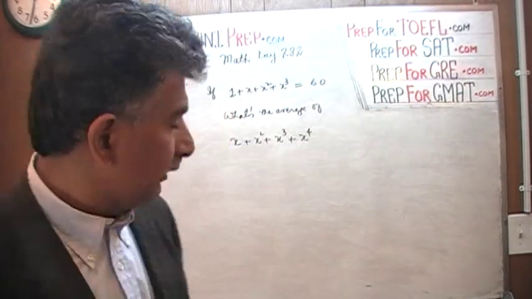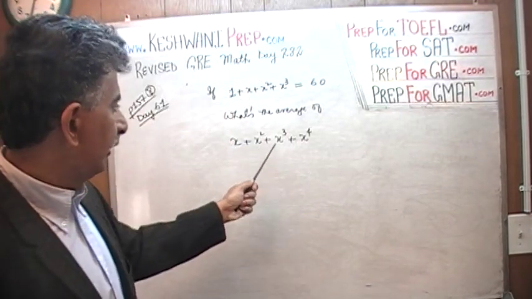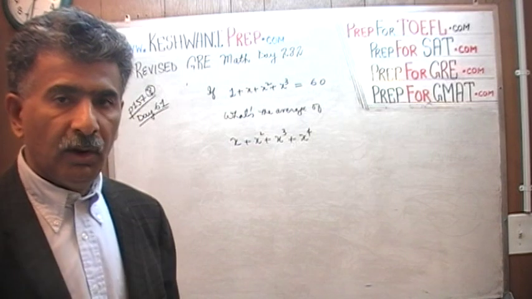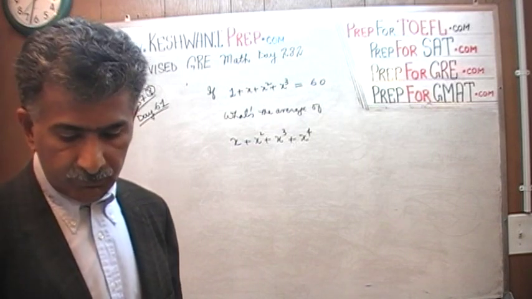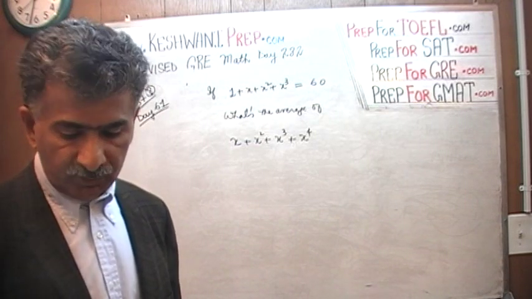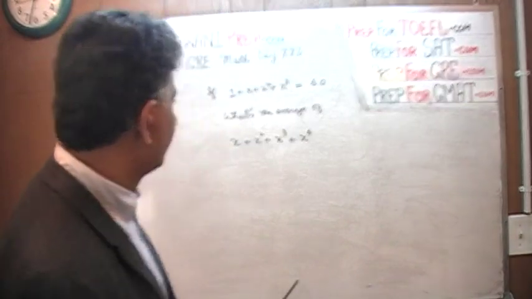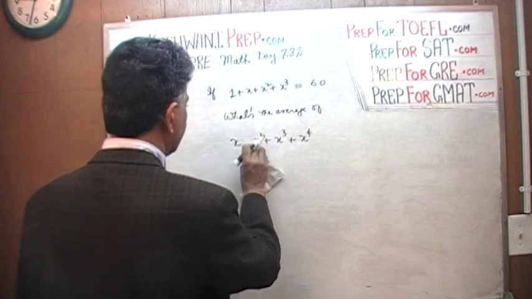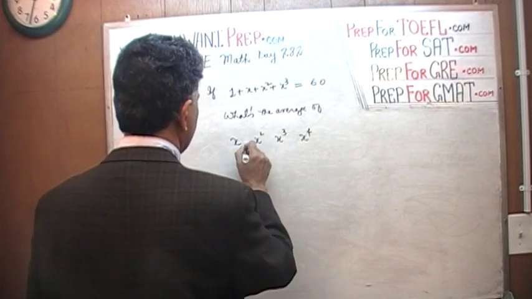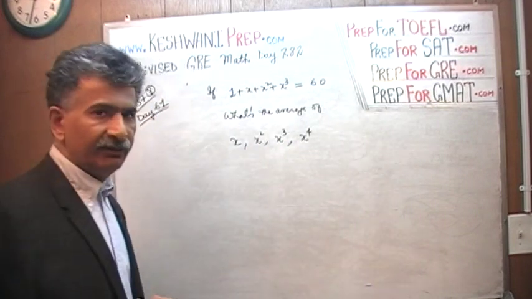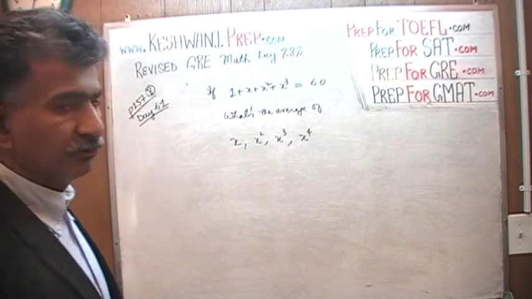We have 4 numbers here. We add them up and divide by 4 because there are 4 of them. It should say what's the average of, not plus, but rather comma, x, x squared, x cubed, and x to the 4th.